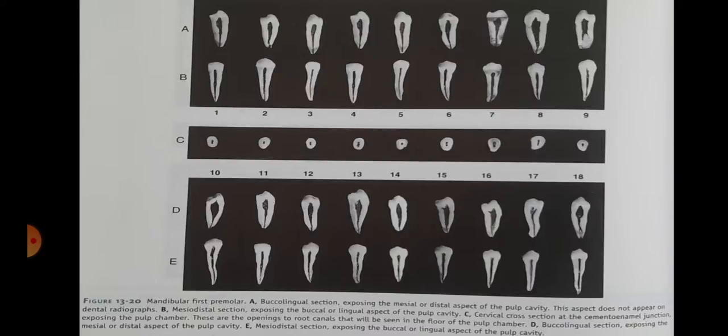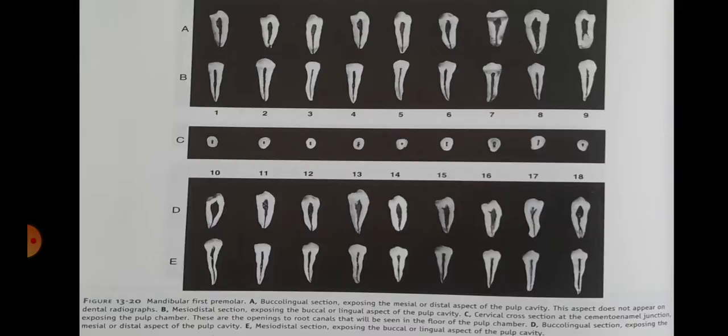You can see this in figure 13.20 A2, D10, 14, 15 and 16. The apical foramen usually appears to exit at the apex. Figure 13.20 A2, 3, 5, 6, 7 and 9, D10 through 13 and 18.